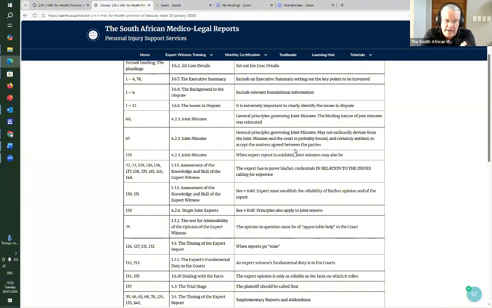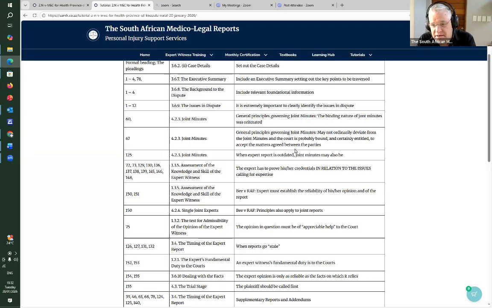Now, let's just pause on that particular point because it's very important for experts when they're preparing for trial. A joint minute is a very, very important document, and you can see from this particular comment that the status of joint minutes is that once you've agreed joint minutes, those joint minutes are probably binding on the court.